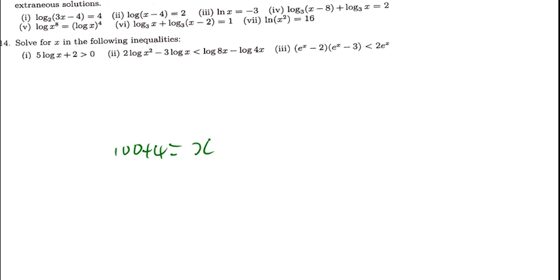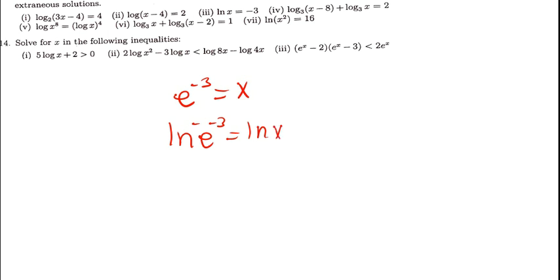If we go to part 3, where it says ln x, ln is always in base e, so e raised to the power negative 3 is equal to x. Now from here, introduce ln to get rid of the e. So I'll introduce ln everywhere: e raised to the power negative 3 is equal to ln x.